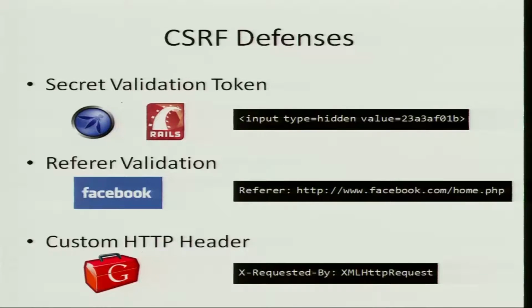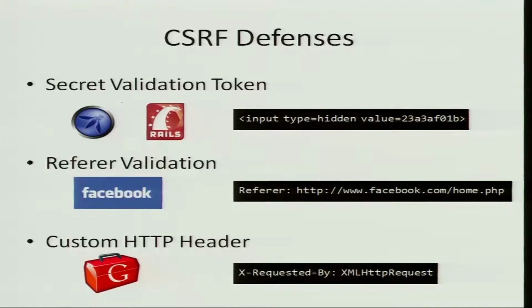One of the major defenses is a secret validation token. Every time a request is made to the server, the validation token is generated, and the server has a way to validate that it is indeed a token generated by the authenticated user on his or her behalf.